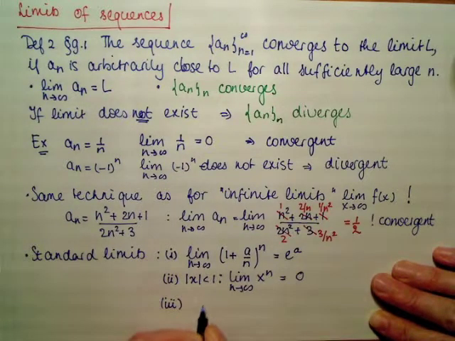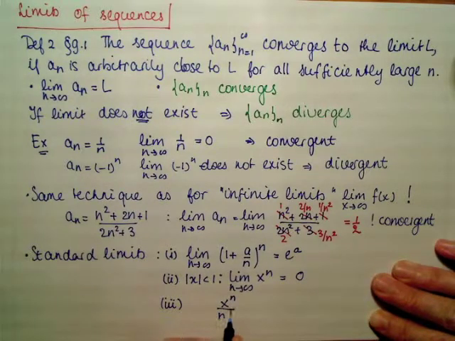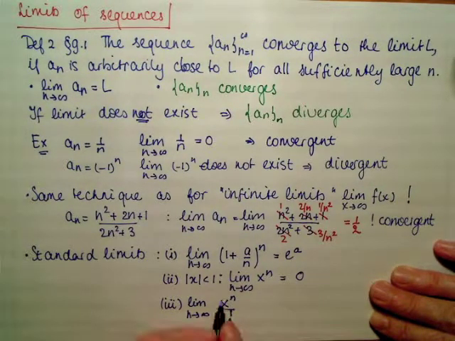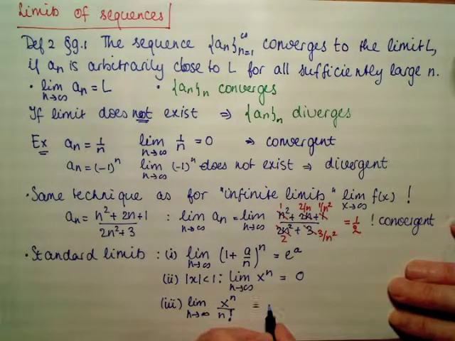And the third one is that if we divide x to the power n by n factorial and we send n to infinity, then the n factorial in the denominator grows much quicker than the x to the nth of the numerator, and so we get 0 in the limit.